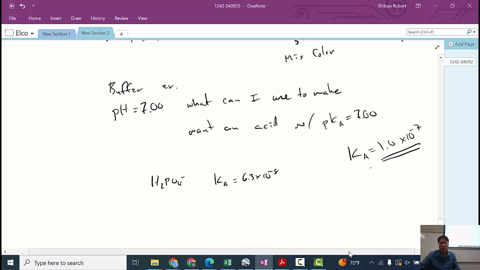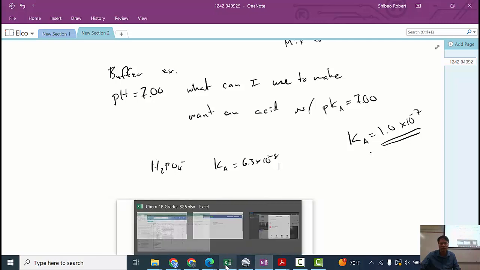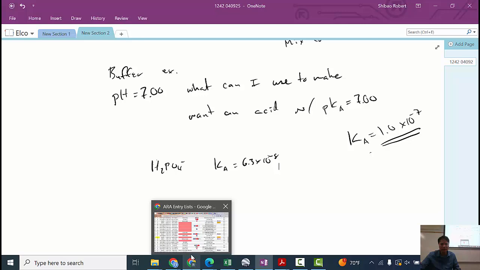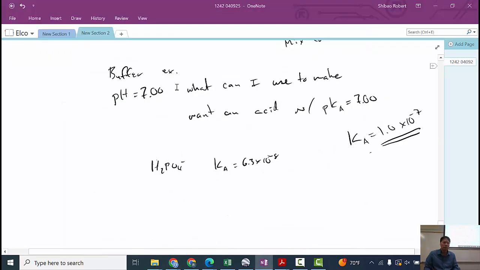Or no, I chose the wrong one. Sorry. Let me redo that. 7.2 times 10 to the minus 7, I think it was, or something like that. Let me check that again. Oh no, that was right. 6.3 times 10 to the minus 8, which is close to 10 times 10 to the minus 8, which is close. So let's see, 6.3 times 10 to the minus 8, log of that gives us 7.200.